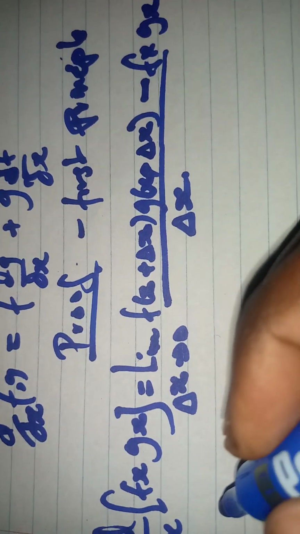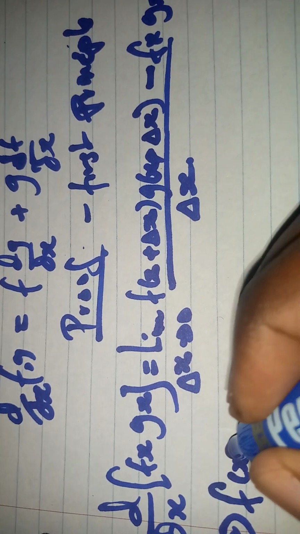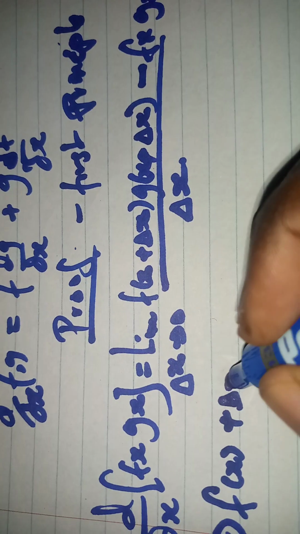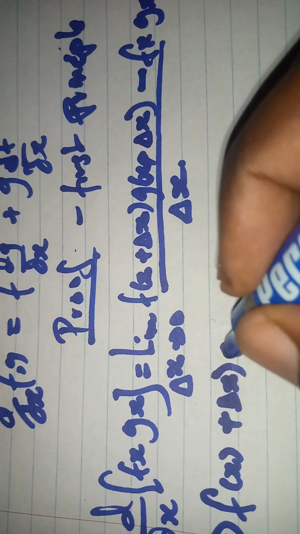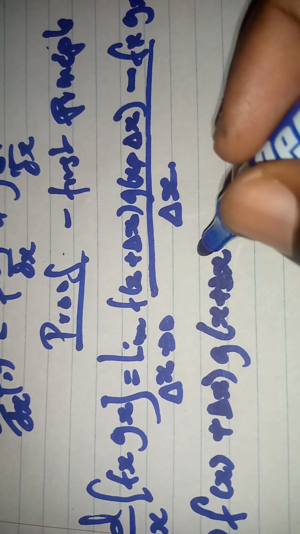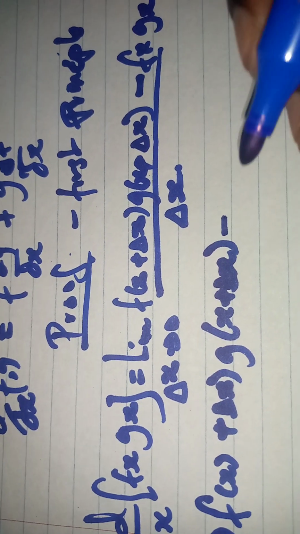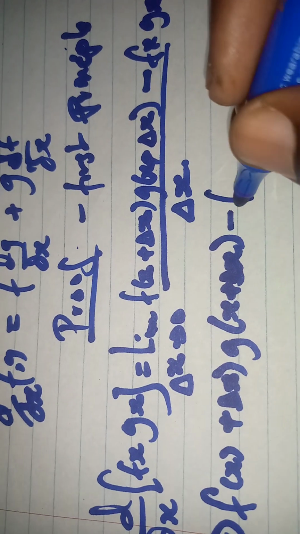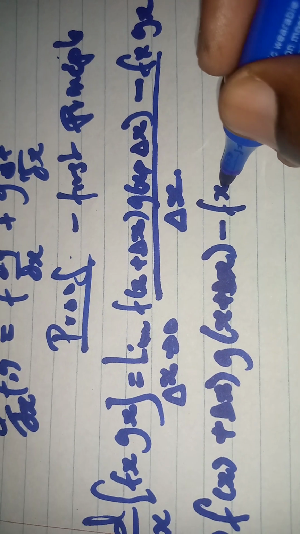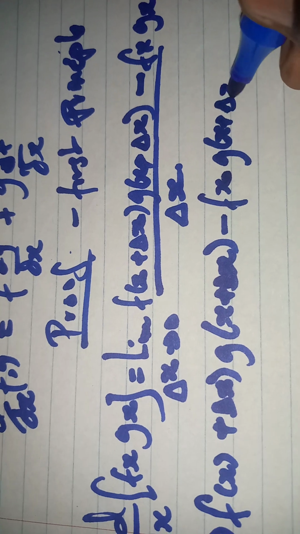So I have f of x plus a small change in x, times g of x plus a small change in x, minus f of x, g of x plus a small change in x.